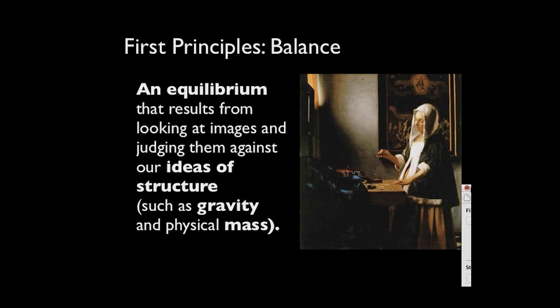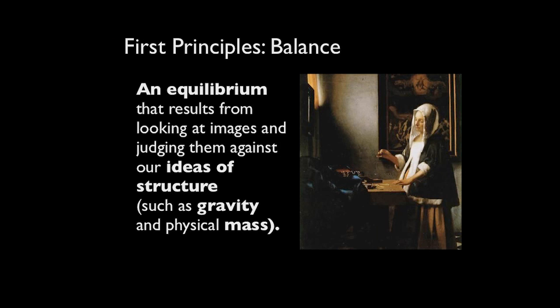Okay, so now we're talking about balance, and the question is, what's balance? Well, it's an equilibrium of the elements. One of the things that comes into play with our idea of equilibrium is we understand what gravity is and what physical mass is. So if a shape looks triangular, then we're going to expect that triangular shape to be weighted more at the bottom because it's bigger at the bottom.